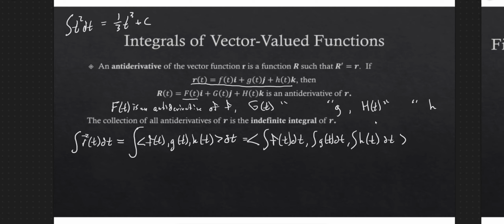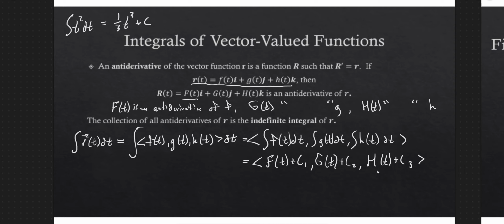And that's a vector. And then for each of those, the indefinite integral will look like big F of t, an antiderivative for little f, plus some constant c. I'll call it c1. And then we have big G of t plus some constant c2, and finally we have big H of t plus some constant c3. It's three constants because we're doing three different indefinite integrals.